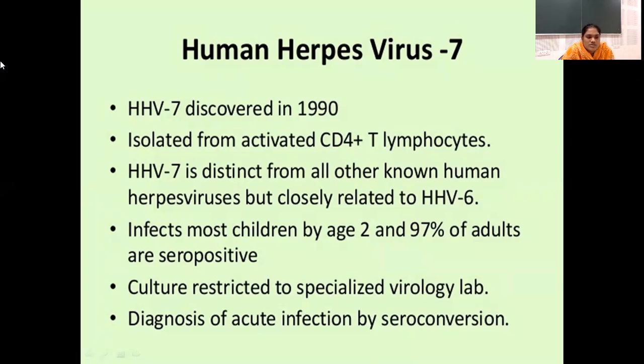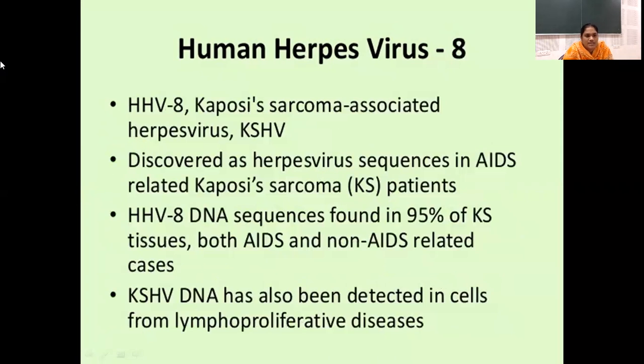The diagnosis of acute infection is by seroconversion. Then the herpes virus type 8, Kaposi sarcoma associated herpes virus. It was discovered as a herpes virus sequence in AIDS related Kaposi sarcoma patients.